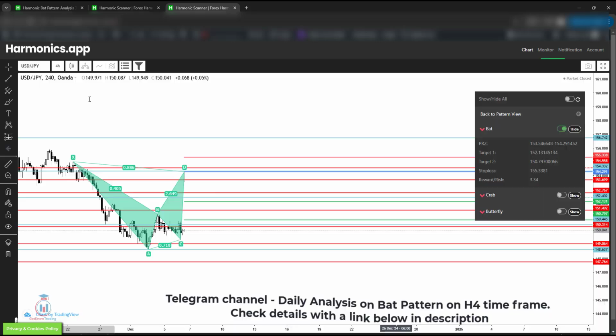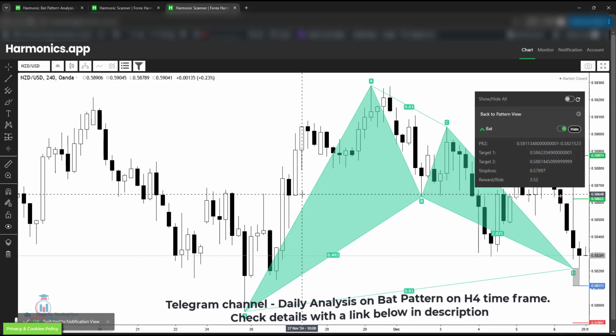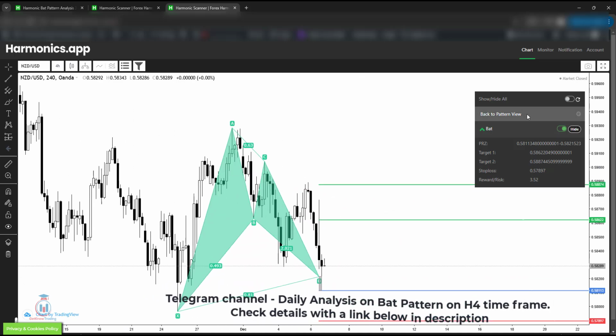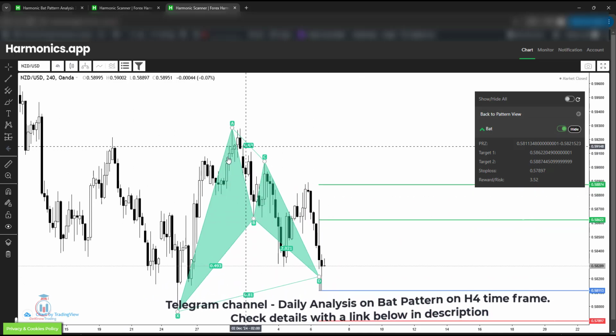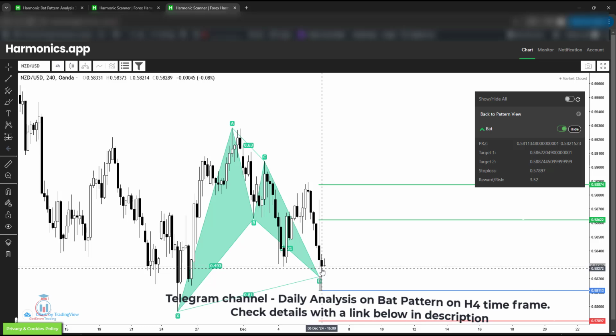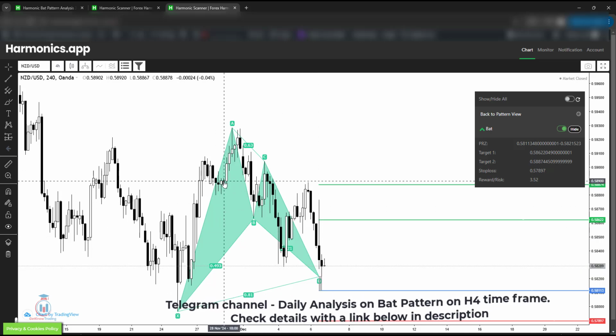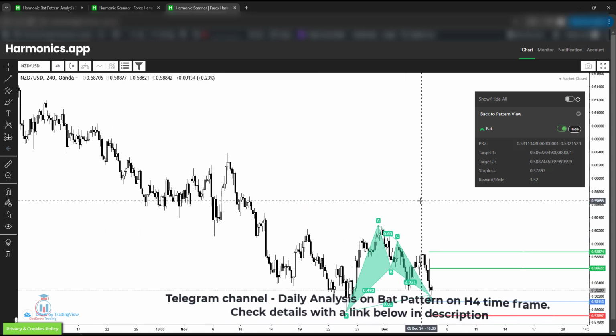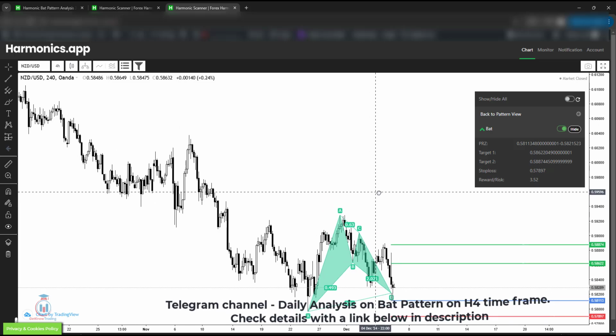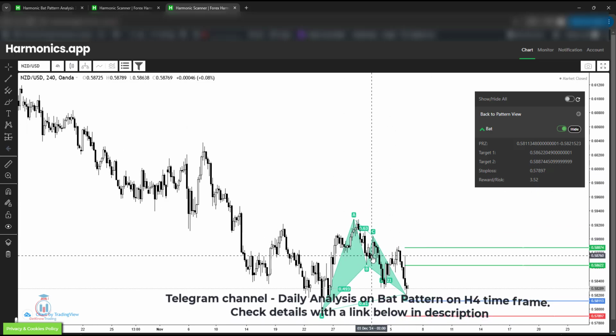When you click on the link, you get a chart open with this pattern visible with the data for that pattern, and you can make the analysis just to confirm is this pattern in line with your analysis. For example, whenever I make the analysis, first of all I will check is the pattern in line with the trend.